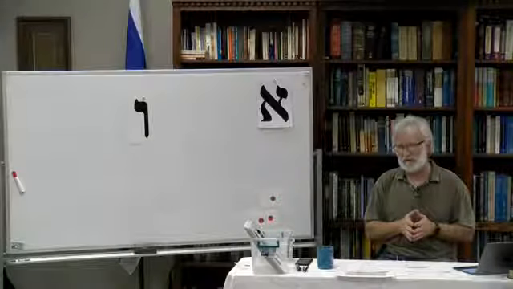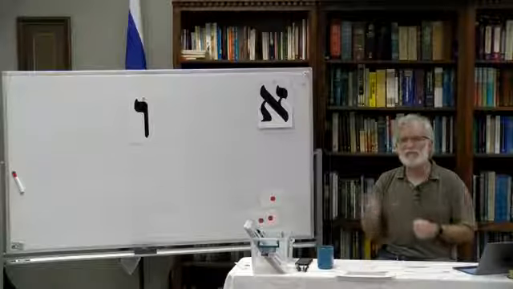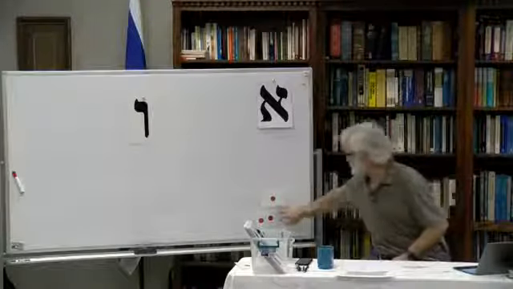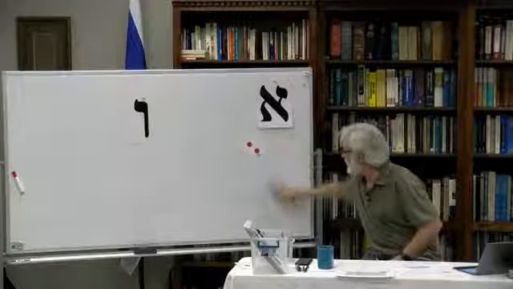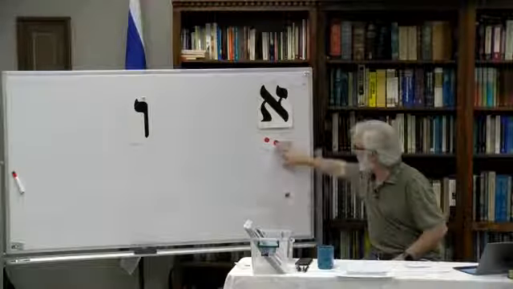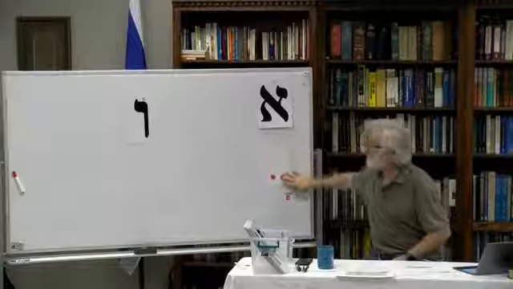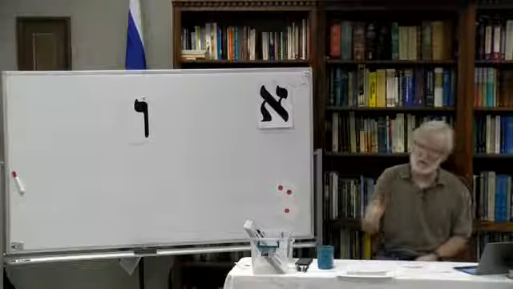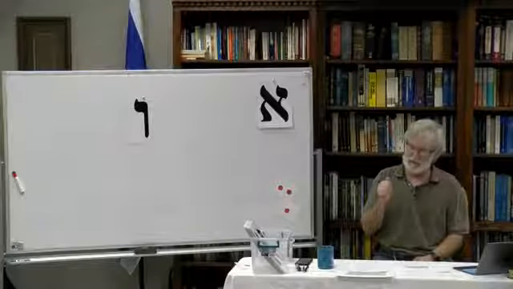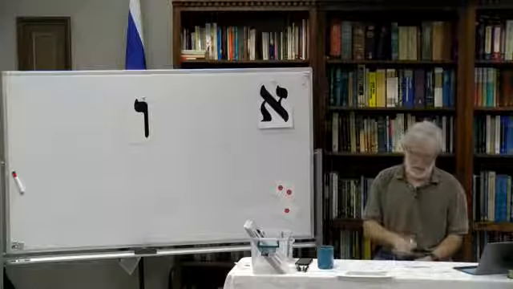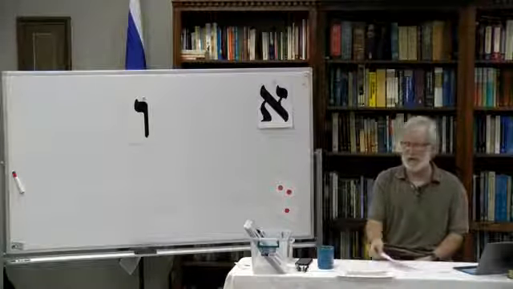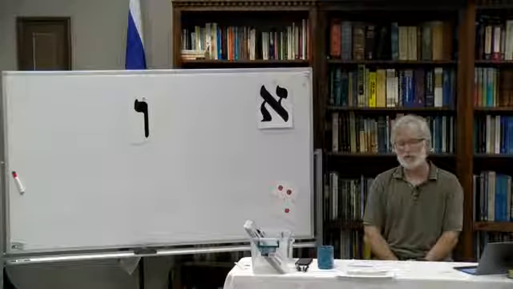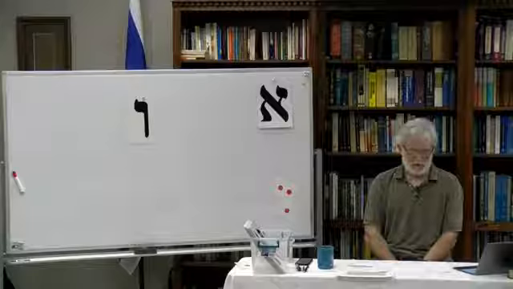In other words, before the system of vowel points, these dots and dashes that I am demonstrating for you, were added to the text, these vowels which are indicated with a yod or a vav, those letters were already in the text. These would be what we discussed in class 2 as mothers of reading, okay?